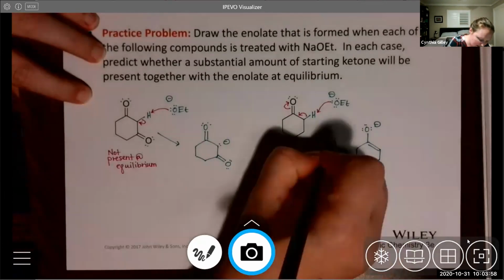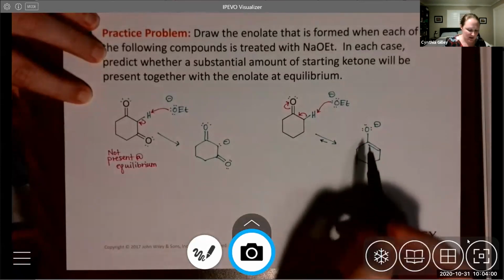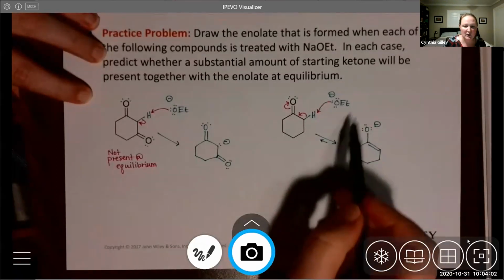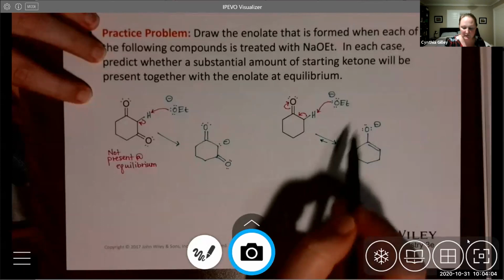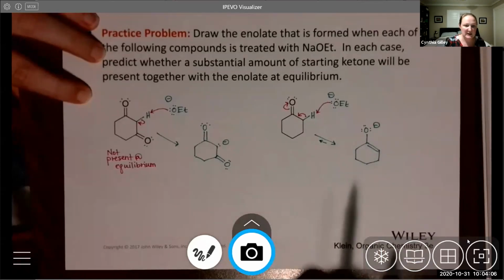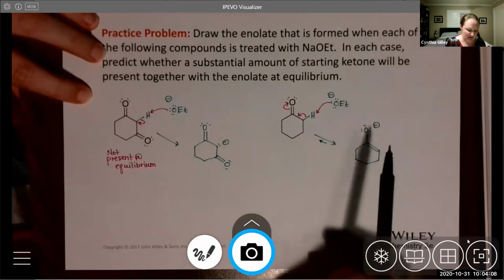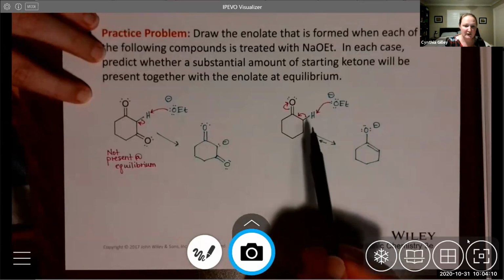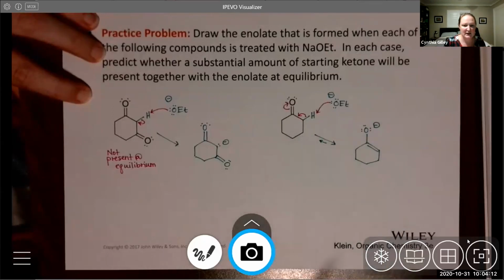So the question is, right, what is going to be present at equilibrium? I am going to draw a reverse arrow here because we're not going to exclusively get only enolates at equilibrium, right? Because the pKa difference between the conjugate acid ethanol and the alpha proton of this ketone is not as significantly different.